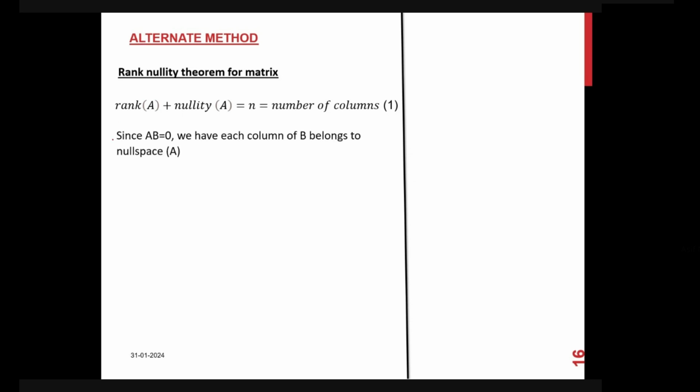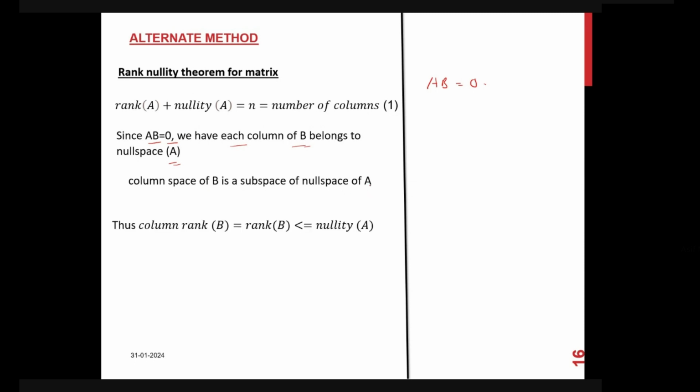Now we know that since AB equal to 0, each column of B belongs to the null space of A. So you can conclude the column space of B is a subspace of the null space of A. So column rank of B, which is the same as rank of B, is always less than or equal to the nullity of A, the dimension of the null space of A.